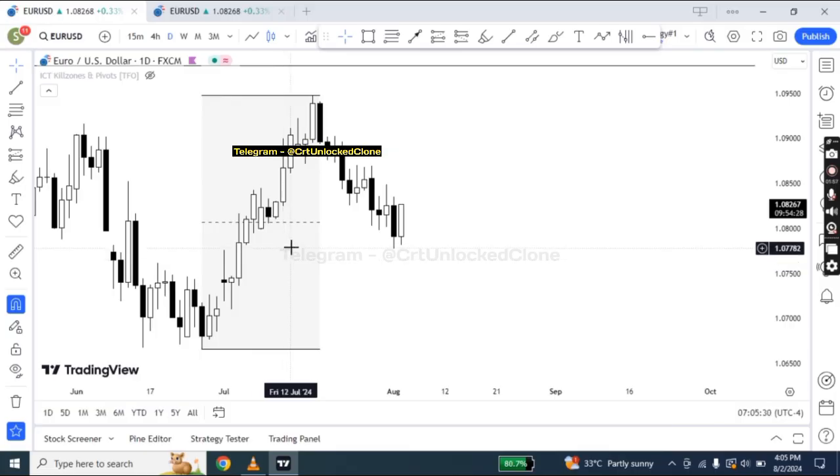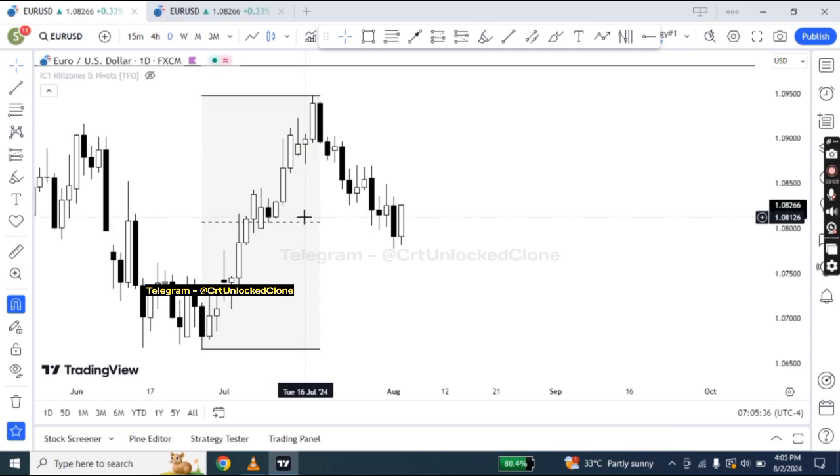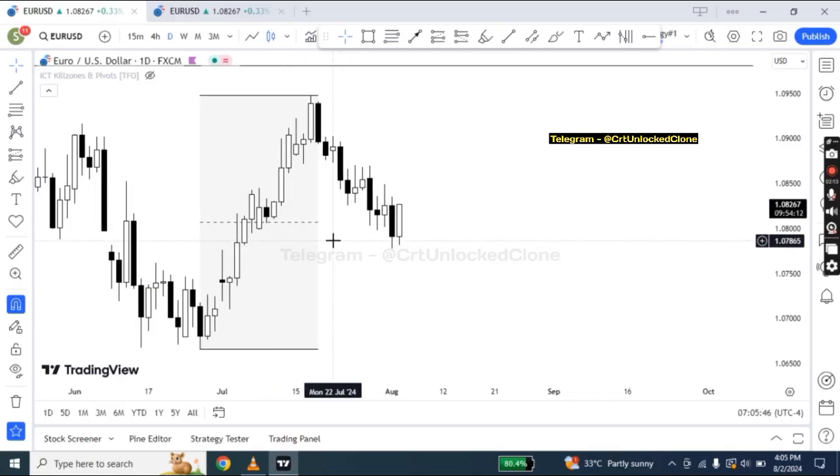So premium key levels would only be able to offer retracement or small reactions, whereas the discount key levels inside this bullish dealing range would be able to offer reversals on the lower time frame or expansions on the higher time frame. So right here we're gonna see what are the different key levels we've got inside this dealing range and what sort of reaction they offered.